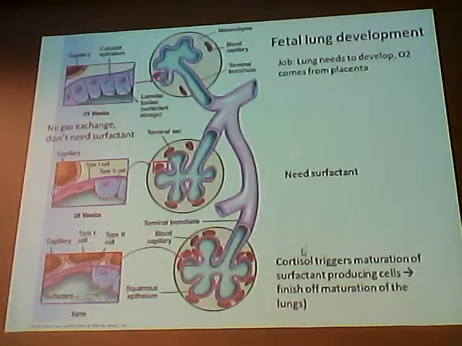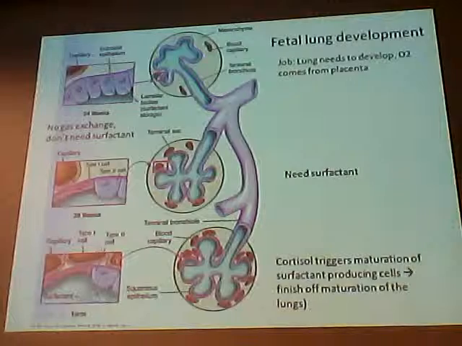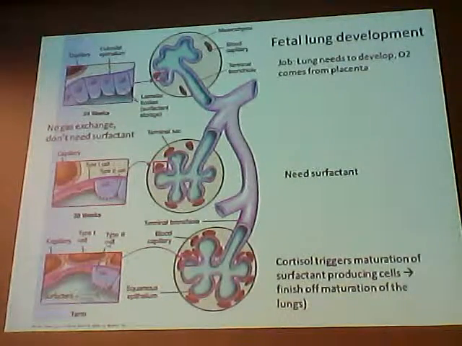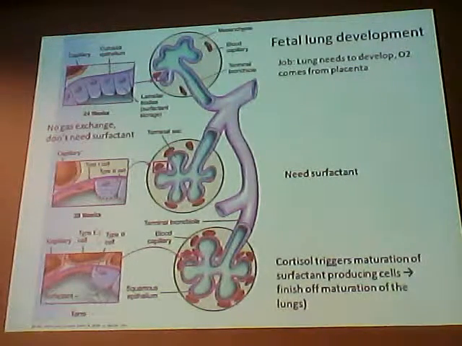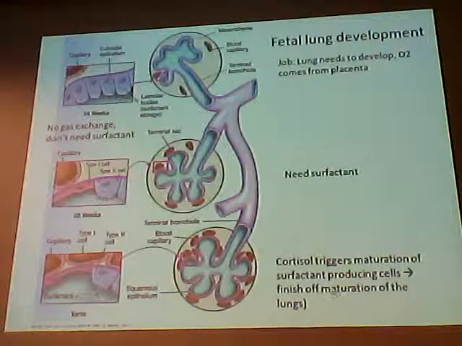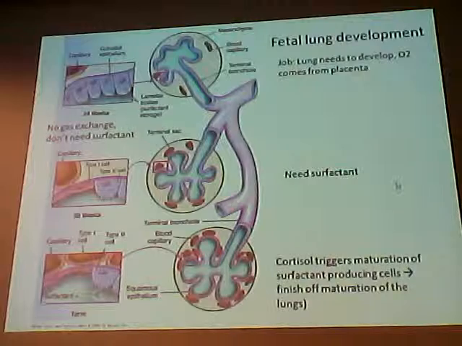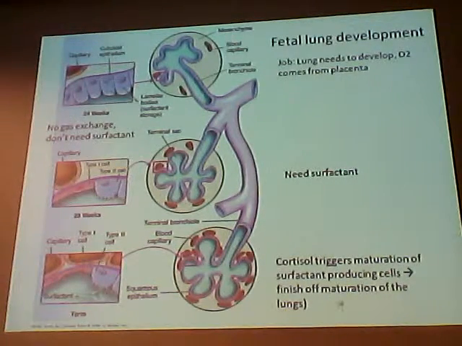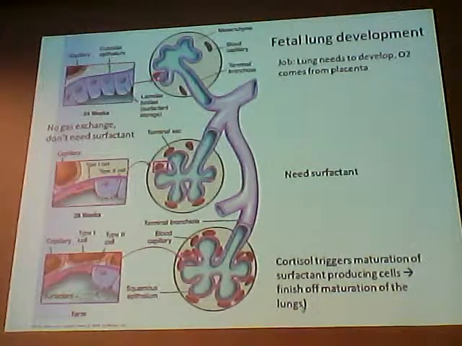So cortisol triggers the maturation of those surfactant producing cells, and they're called type 1 and type 2 alveolar cells. I think it's type 2 that secretes that surfactant, whereas type 1 doesn't. But you finish off the maturation of the lungs basically once you're born, and then once you actually are born, that's when you can start producing it on your own, and you're completely mature.